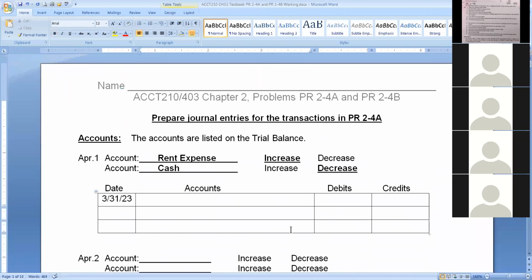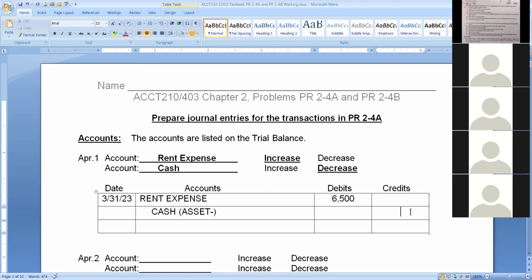Expenses are always debits, so this will be 6,500. And truthfully, you won't really even have to look up the cash. Asset going down.